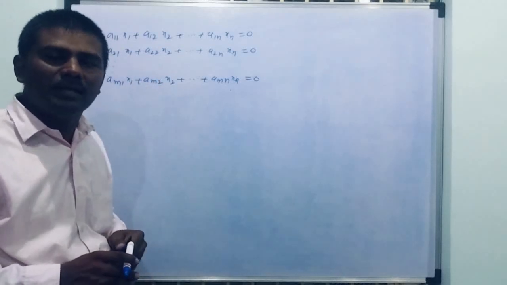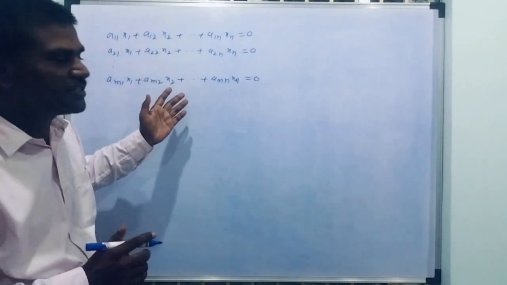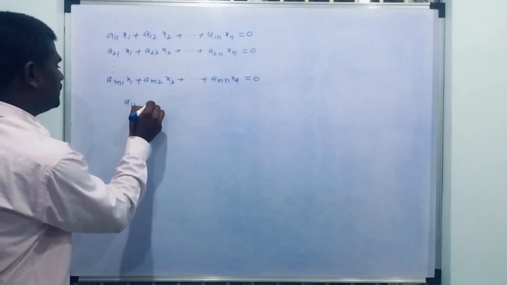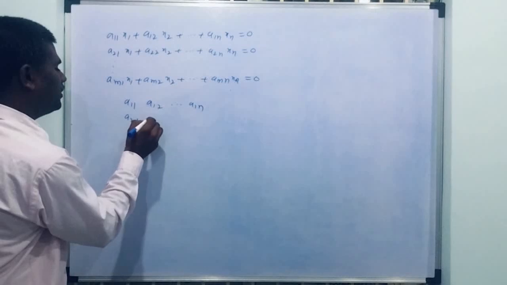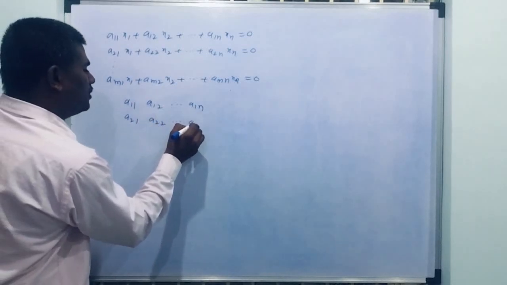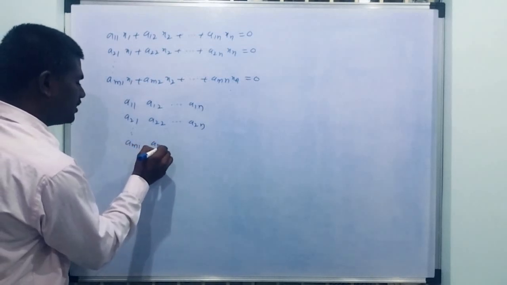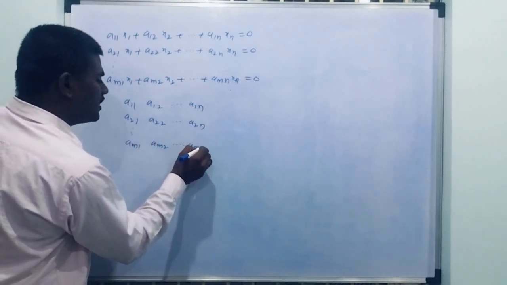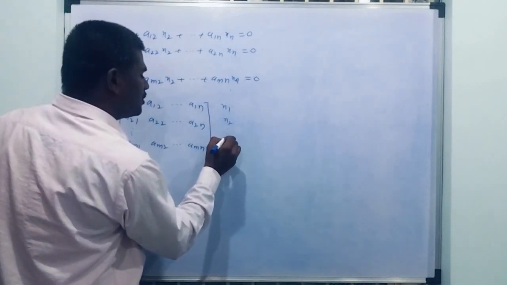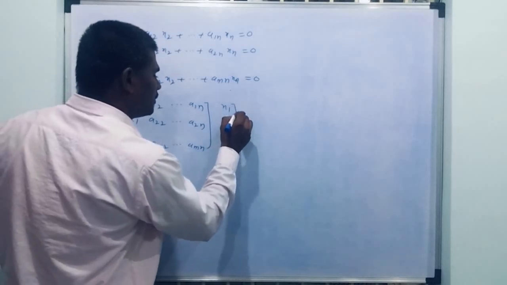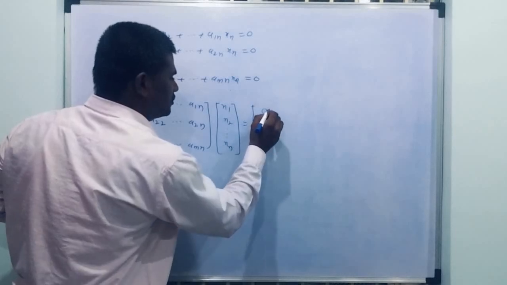These can be written in matrix form. The matrix form of the system of homogeneous equations is: a11, a12, so on a1n; a21, a22, so on a2n; up to am1, am2, so on amn, multiplied by x1, x2, so on xn, is equal to 0, 0, up to 0.